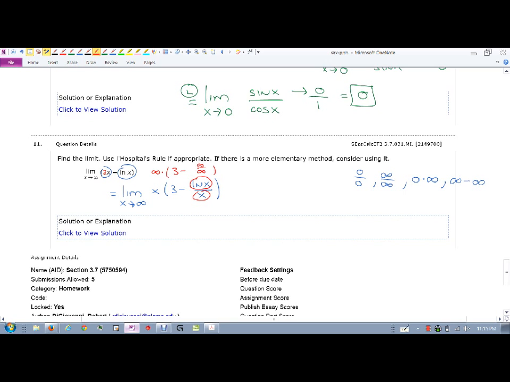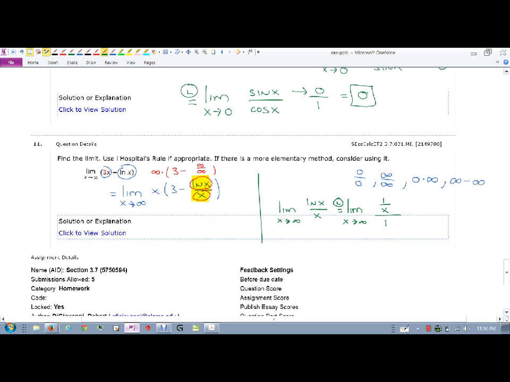So let's focus all of our attention on just this piece, and do a little scratch work side problem. What is the limit as x goes to infinity of just natural log x over x? Well, we already know it's infinity over infinity, so let's apply L'Hopital's rule and see what happens to that little guy. Derivative of the top is 1 over x.